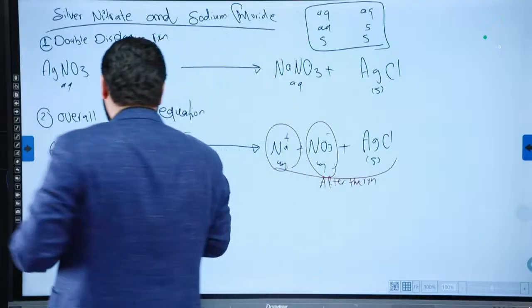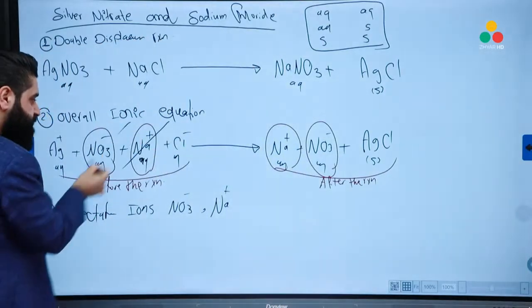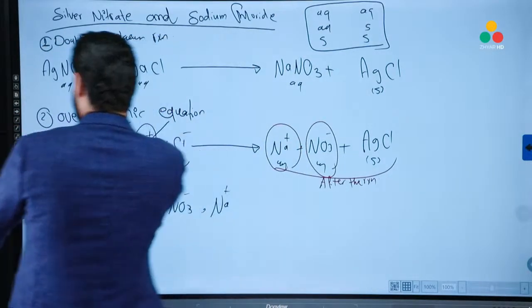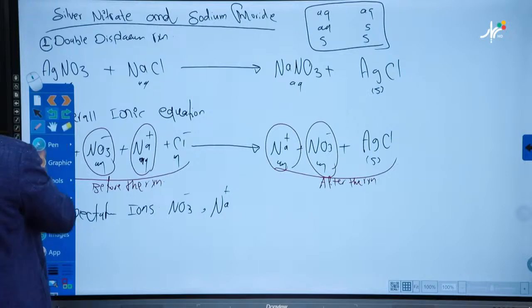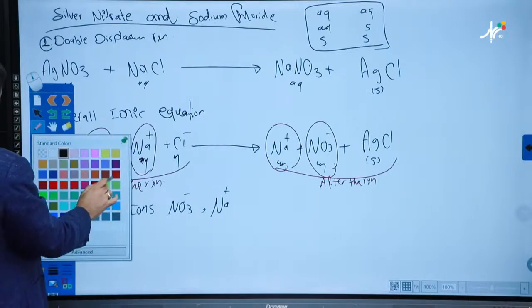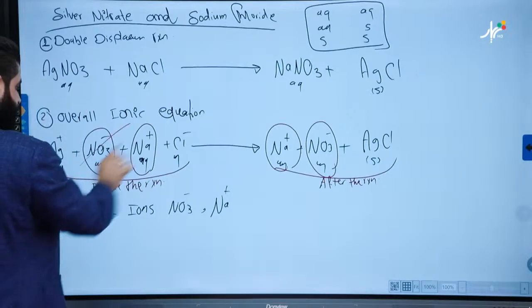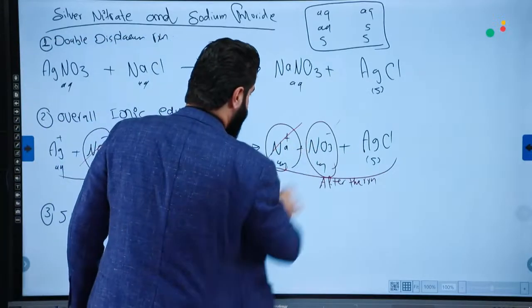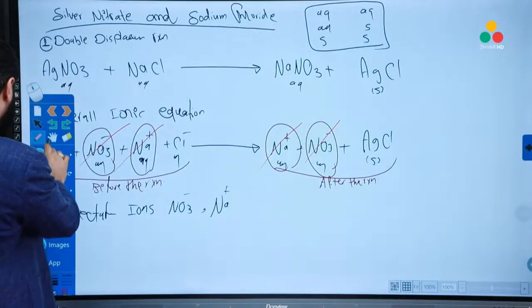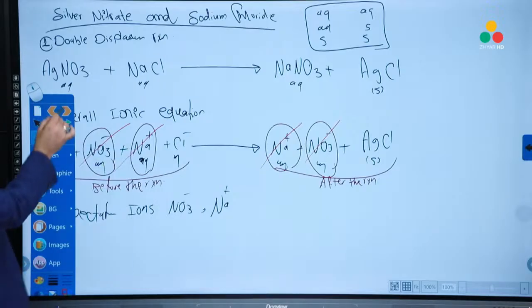Okay? So if I remove the spectator ions, I will remove them with a different color, orange, at both sides of the reaction, and let's see what remains.